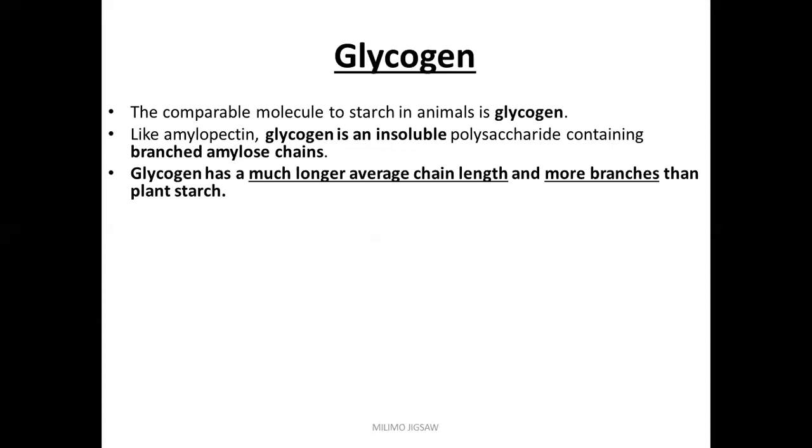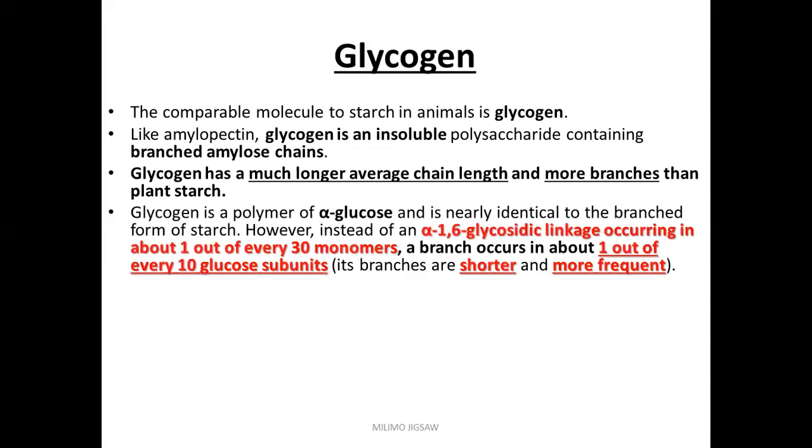Remember I said that in amylopectin, there is 1 branch per 30 monomers. But we find that in glycogen, it's 1 out of every 10 glucose subunits that there's going to be a branch. So glycogen is also a polymer of alpha glucose, and near identical to amylopectin, which is a branched form of starch.